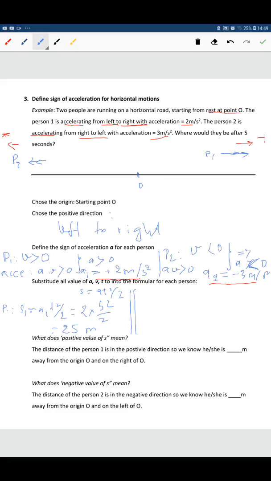How about person 2? For person 2, s2 equals a, which is minus 3, times t squared over 2, which is 5 squared over 2, and it will give us negative 37.5 meters.